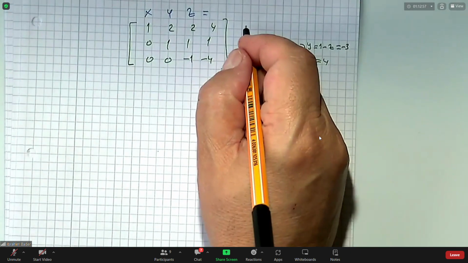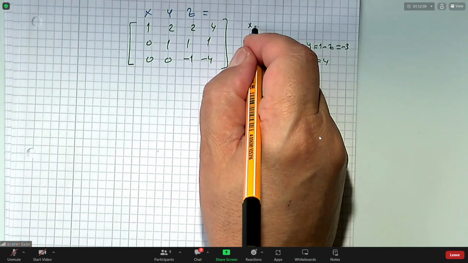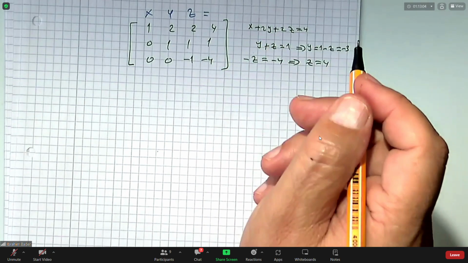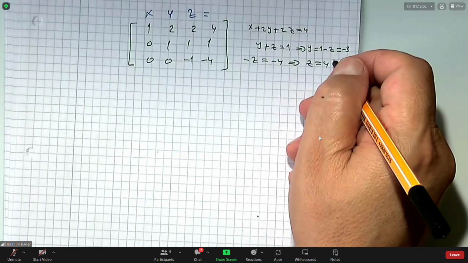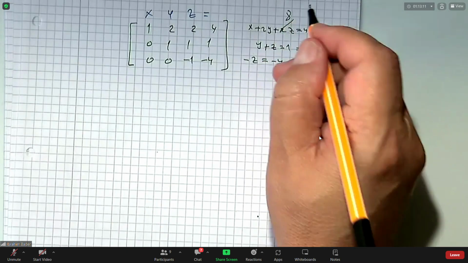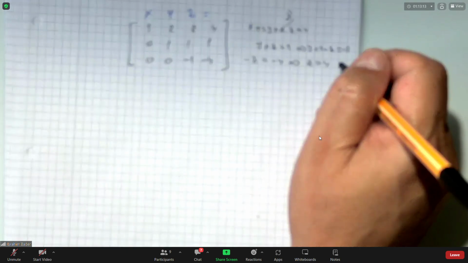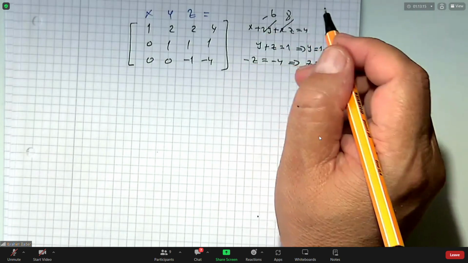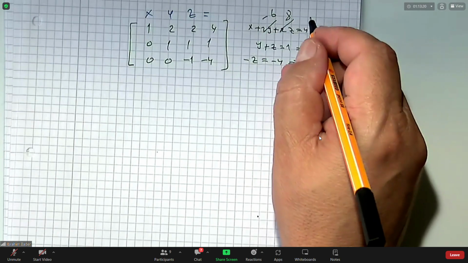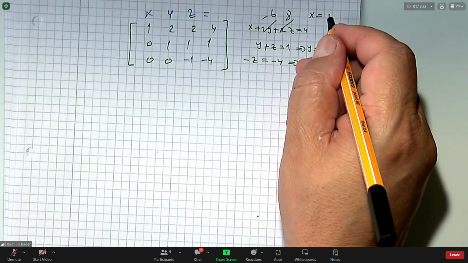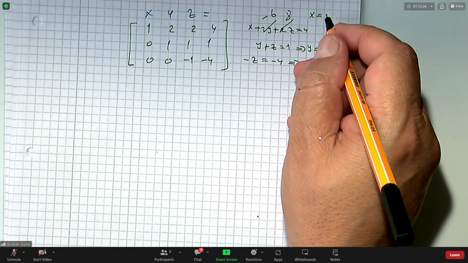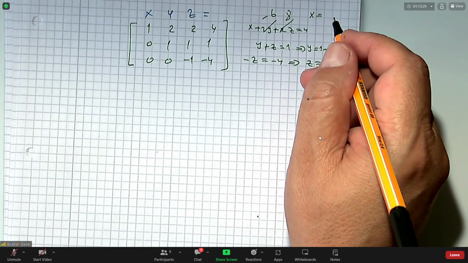Now in this step, it reads X plus 2Y plus 2Z equals 4. We know Z is 4, so 2Z is 8, and 2Y is -6. That means X equals 4 minus 2, which is 2.